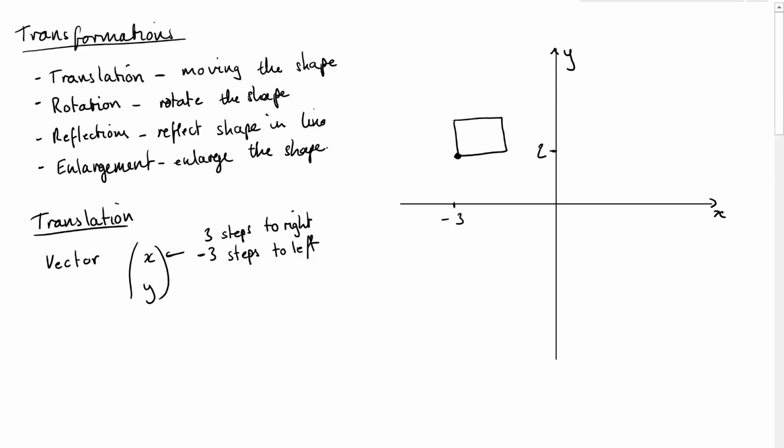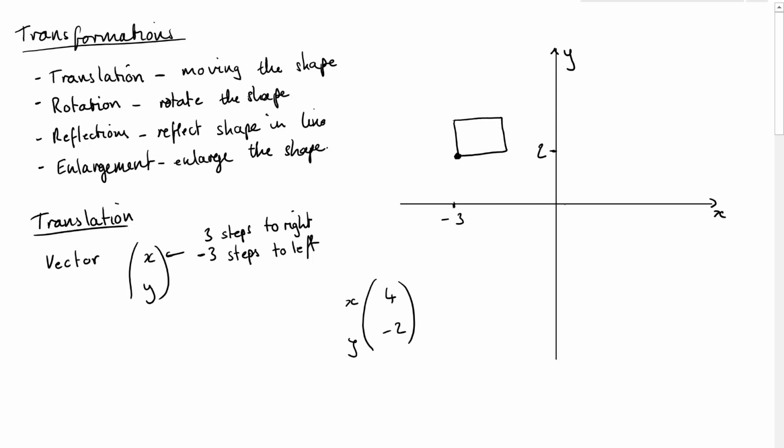So let's take an example then. Let's say I want to translate the shape by the vector of, let's go with 4 and -2. Okay, this is the column vector. Now this one up here, remember, is the x, and the bottom one is the y. So I want to take this point here and move it 4 steps across.